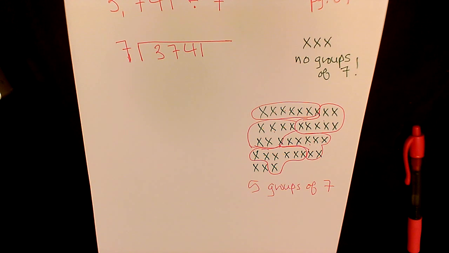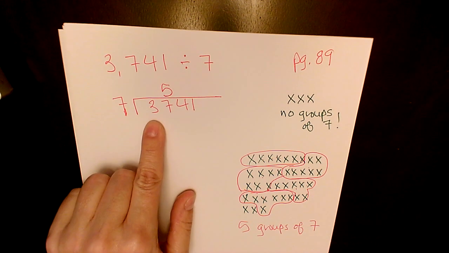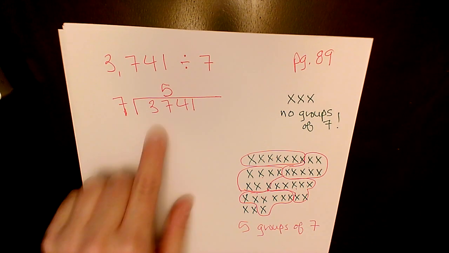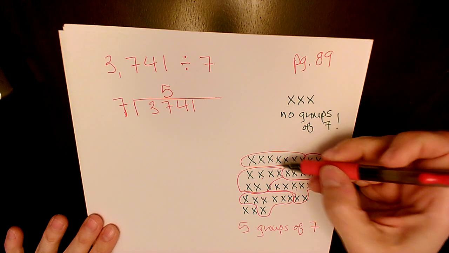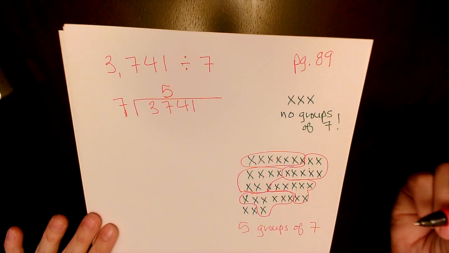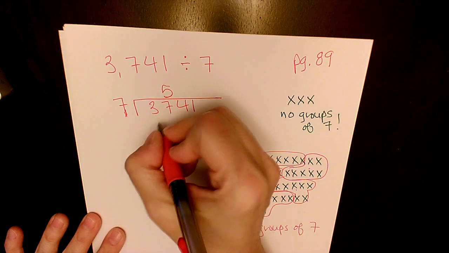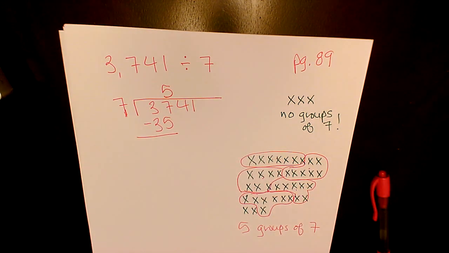So 7 goes into 37 5 times, and I'm going to put it above the 7 because it didn't go into the 3, it went into the full 37. So if I added up 7, 7, 7, 7, and 7, or 7 times 5, I will get 35.